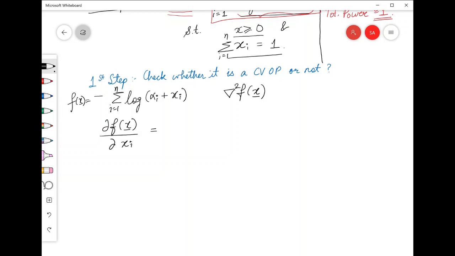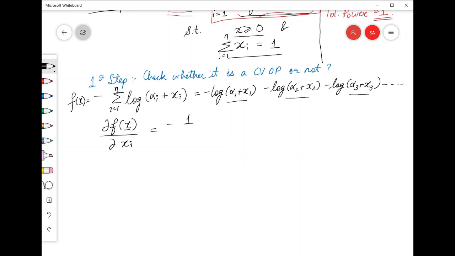If I expand this function, I can write it as minus log(alpha_1 + x_1) minus log(alpha_2 + x_2) minus log(alpha_3 + x_3) and so on. If I take the derivative with respect to x_i, then the other terms will all be 0 and only the x_i log term will remain.